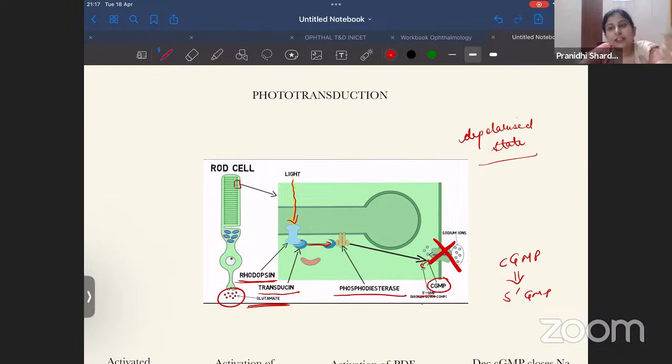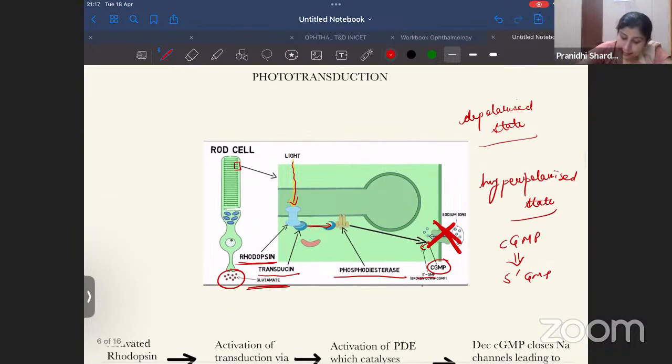Now, when cGMP is decreased, the sodium ions are not able to go inside. That means the cell is going into a hyperpolarized state. And when sodium ions are not able to go inside, the levels of glutamate decrease. This is known as hyperpolarization, which happens when light strikes the photoreceptors.